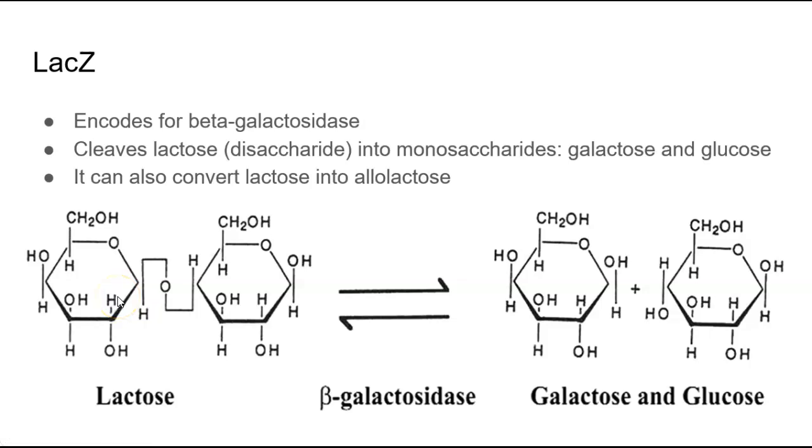And in order to metabolize lactose, the cell needs to break it down into galactose and glucose, and it uses beta-galactosidase to do that. However, beta-galactosidase can also convert lactose into allolactose and allolactose back to lactose. These two molecules are isomers, which basically means that you could think about them as the same molecules that are basically arranged differently in space.